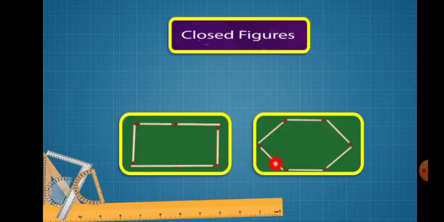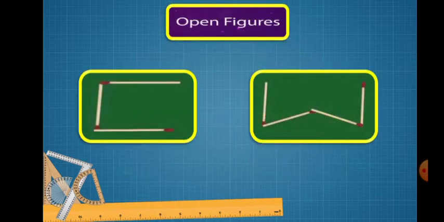Yes, this hexagon is also closed and the sides are joined together without making gaps. Now, open figures. Look at the sides of the open figures. They are joined but they are making gaps. It is kept open. So these figures are open figures.